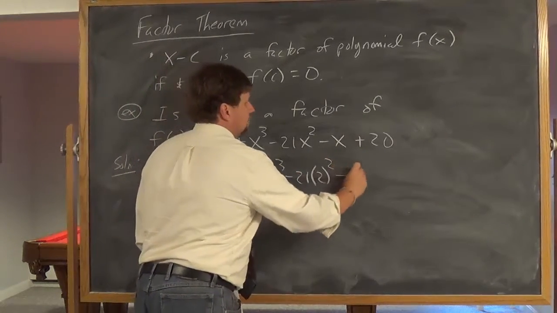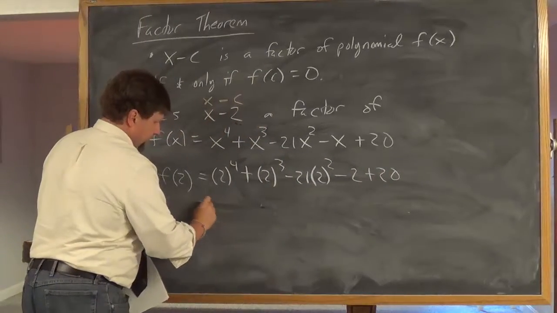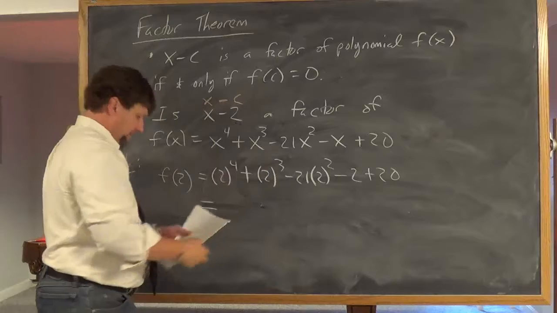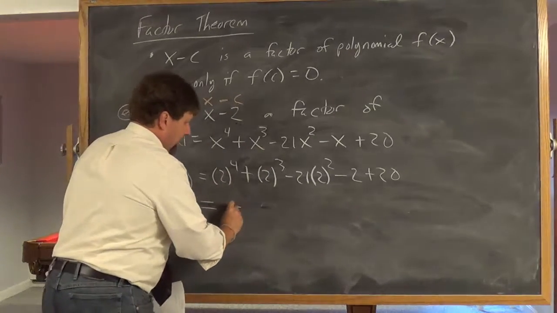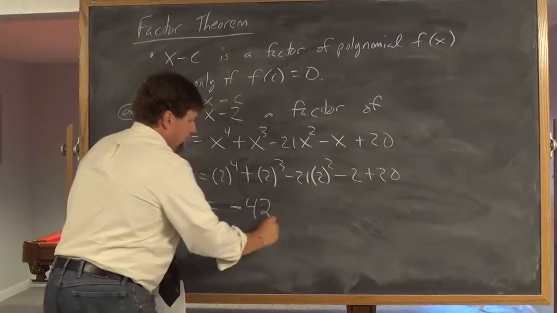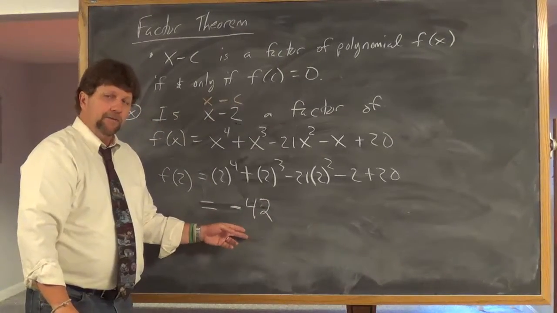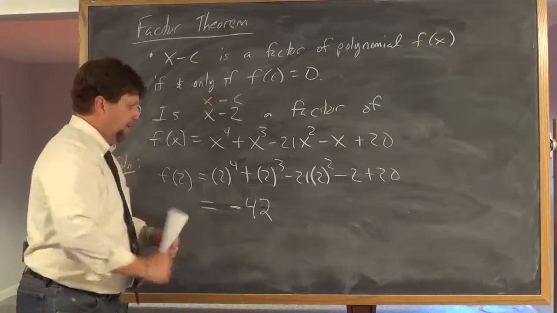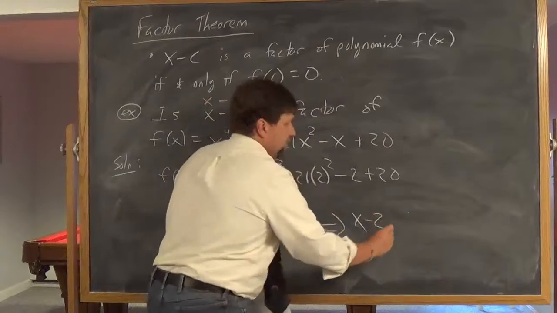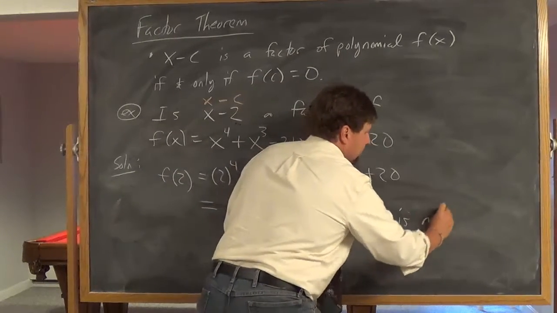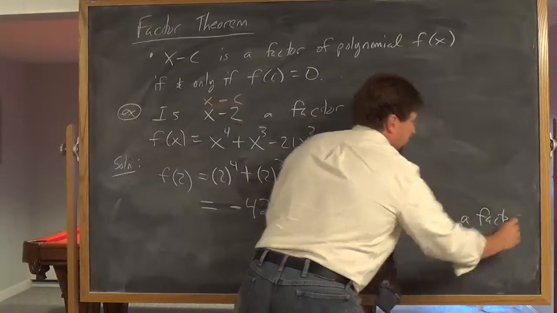If I crank this through my calculator correctly, 2 to the fourth plus 2 cubed, etc., I end up with f of 2 being negative 42. That is not 0. Since it is not 0, that tells me that x minus 2 is not a factor.